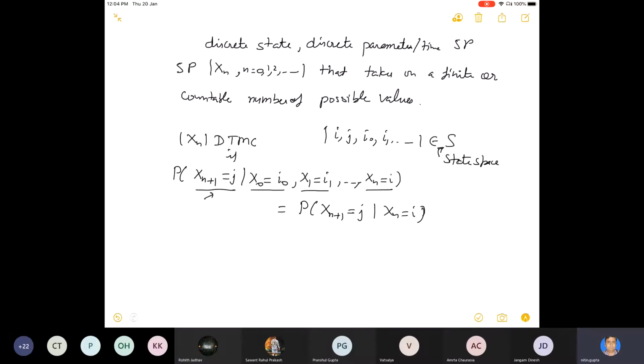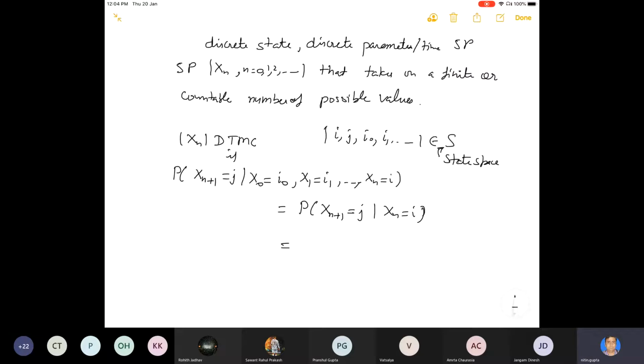Then the future depends on the present, not on the past. Then the stochastic process Xn is said to be a discrete time Markov chain.